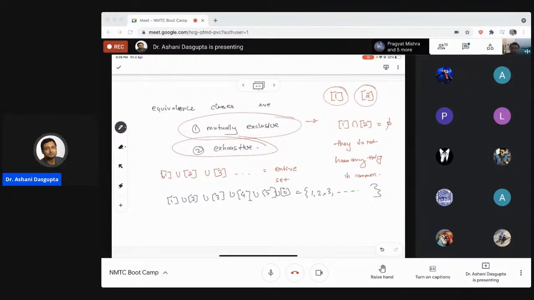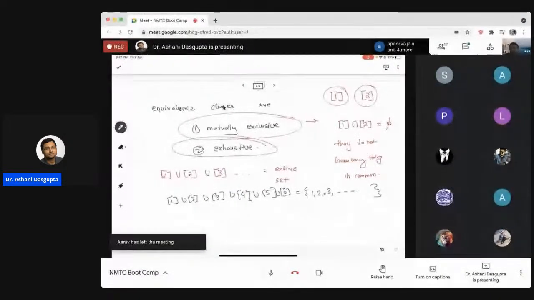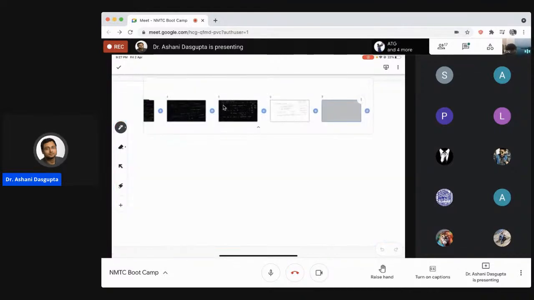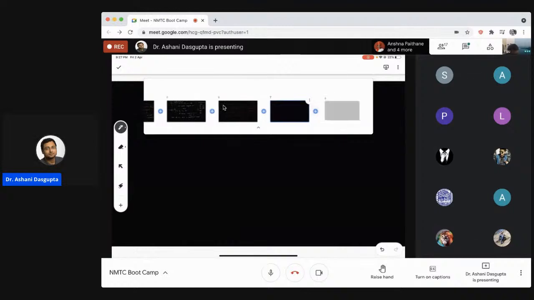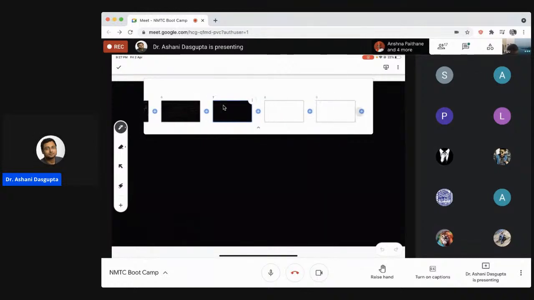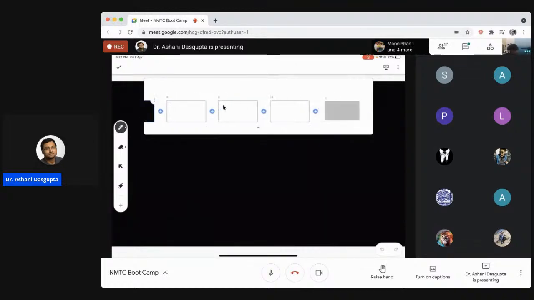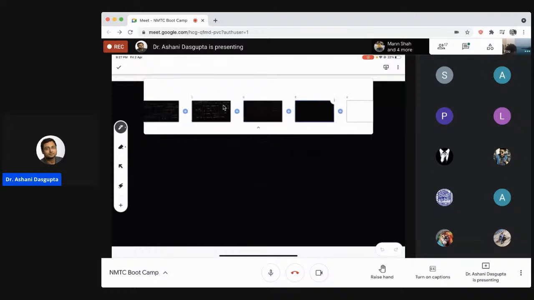Now my question is this: how can you prove this for an arbitrary equivalence relation? So here is a question that I want to ask all of you. Let me just add some more boards here.